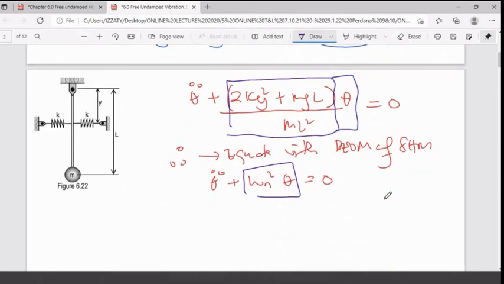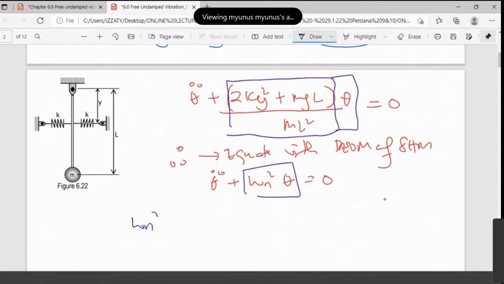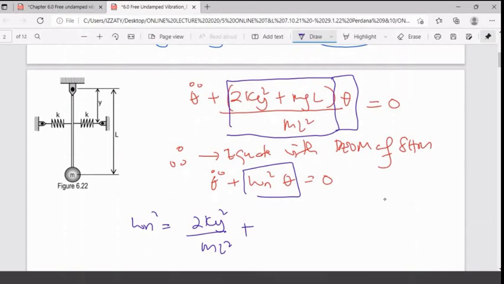Of course, you found that your omega n square is equal to 2ky square over ml square, plus m and m, l and l cancel. You have g by l. Then you give away the square, become omega n, radian per second. Is that clear? It's not very difficult actually.